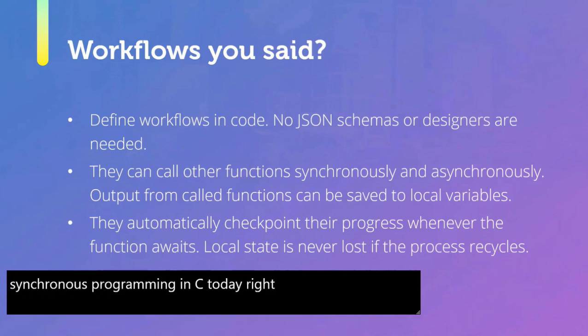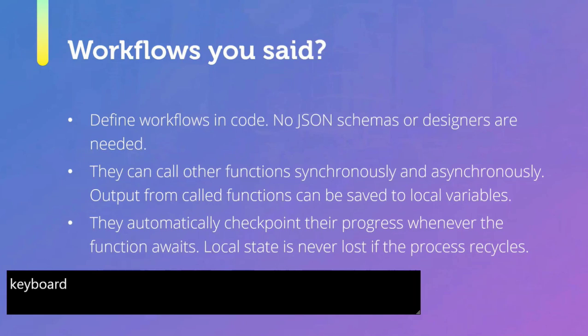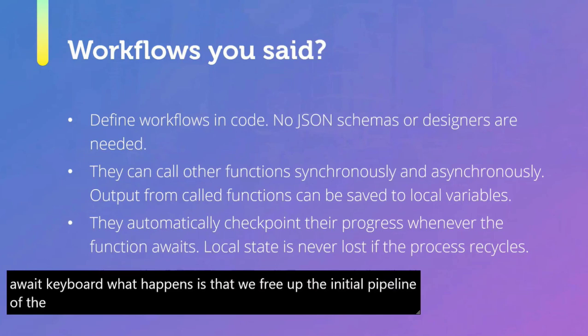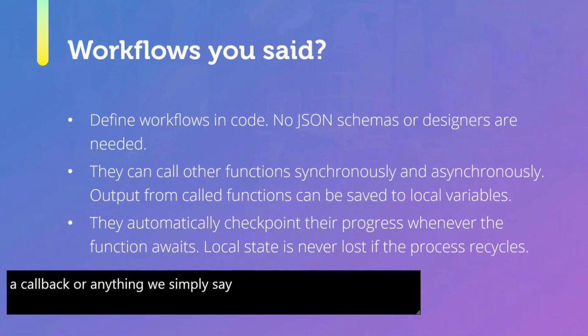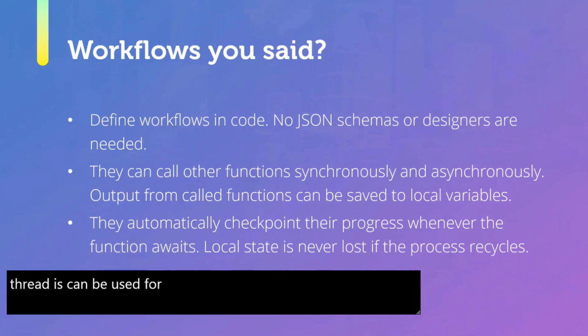We are calling something that's an asynchronous function, and we are using the await keyword. What happens is that we free up the initial pipeline of the thread. Instead of attaching a callback or anything, we simply say await. We free up the current pipeline, and the processor or the thread can be used for something else, right? That's kind of the idea.